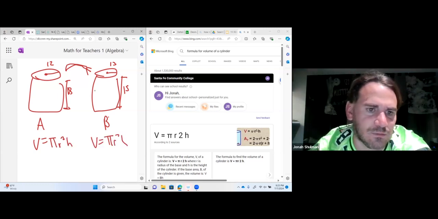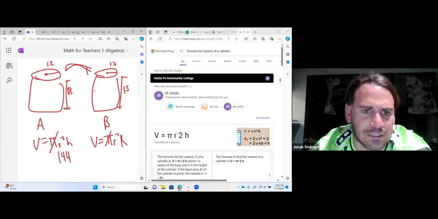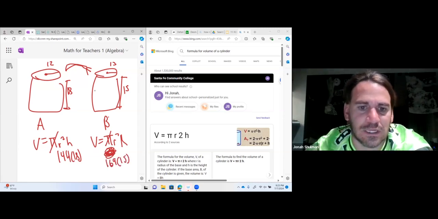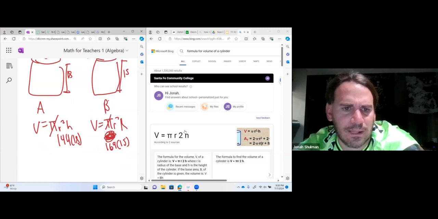But since we have pi in both, I'm just going to cancel it out. The radius here is 144 times 18. And this one is 15 squared is 225. Oh, sorry, it's 13 squared. So it's 169 times 15. And we're just going to see how much is left over.